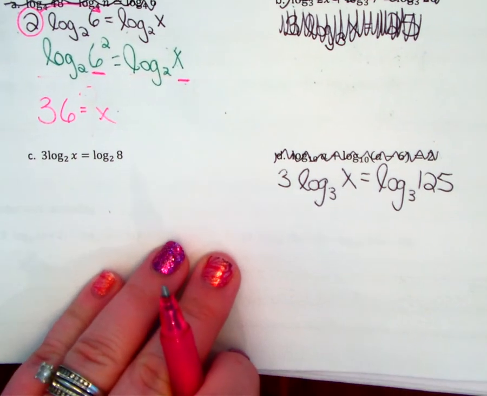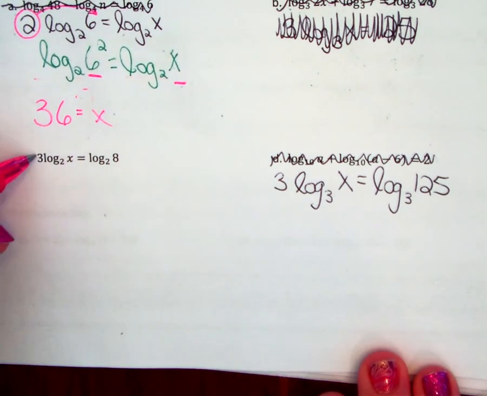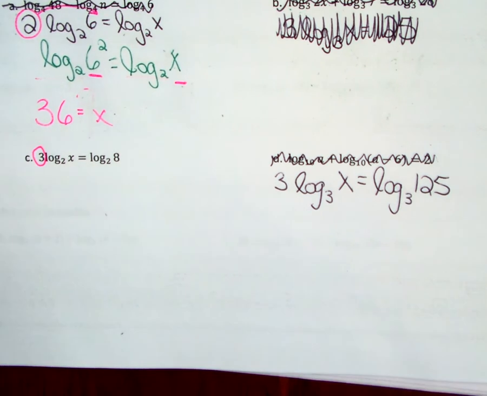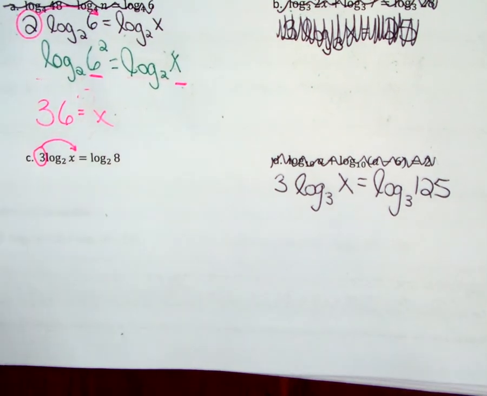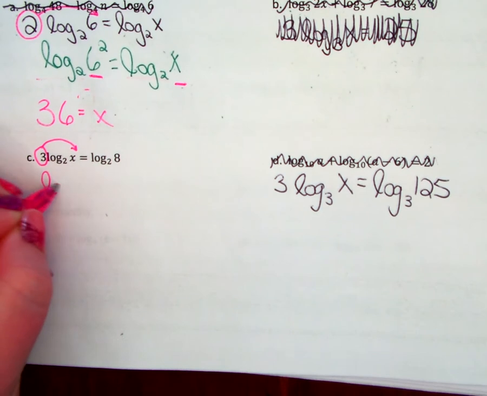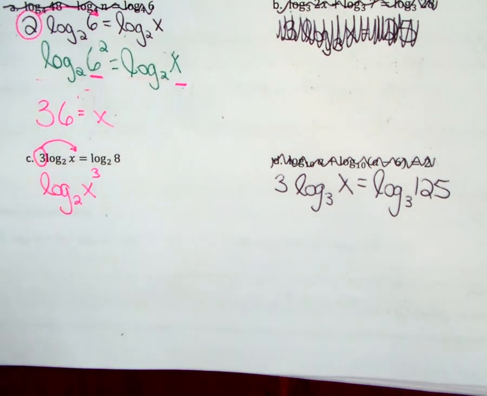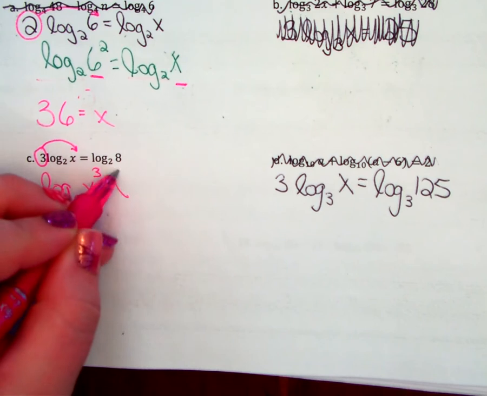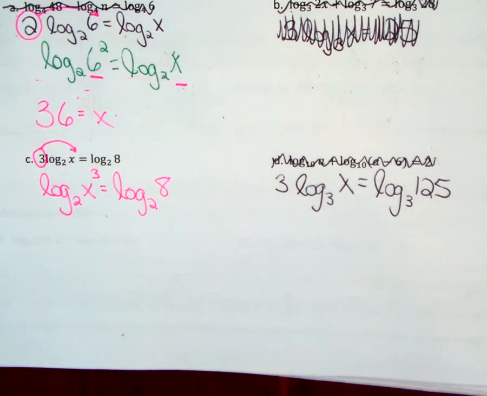Let's take a look at the next one here. The 3 in front here. That 3 in front is preventing us from just setting x equal to 8. I need to make that 3 an exponent. So I have log base 2 of x to the 3rd power equals log base 2 of 8. Now I have a log by itself on both sides.